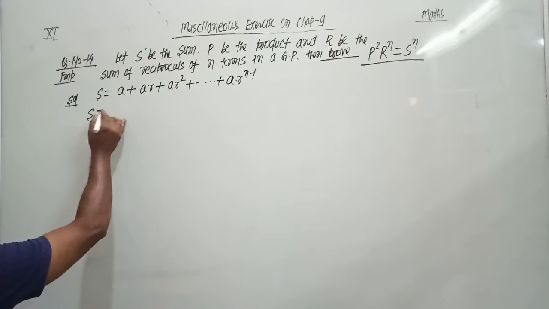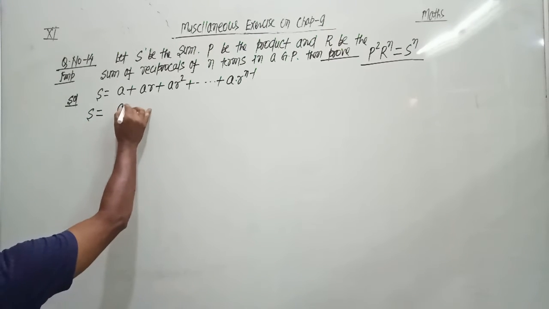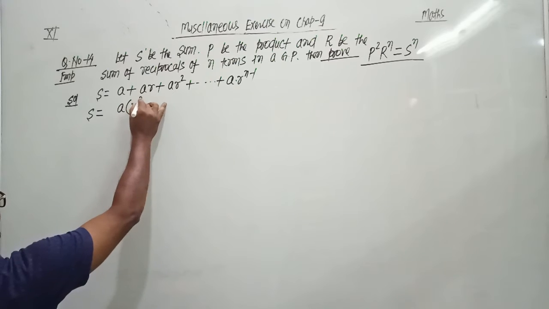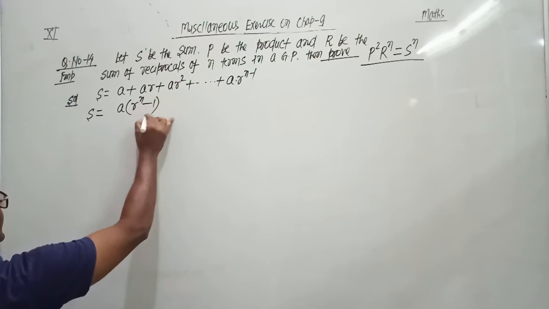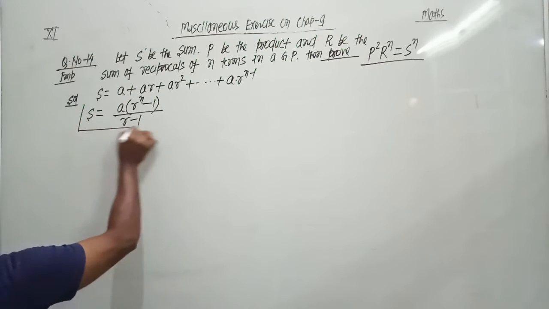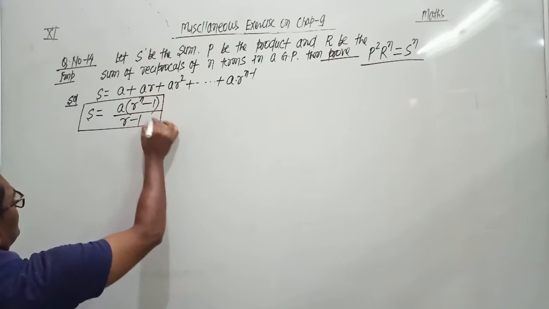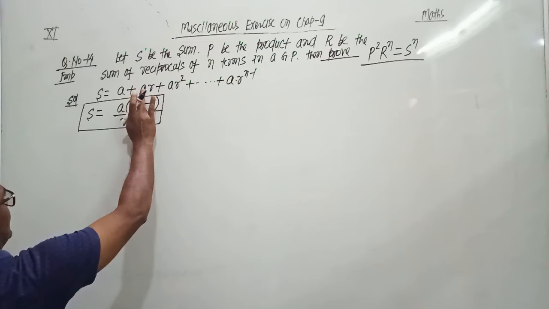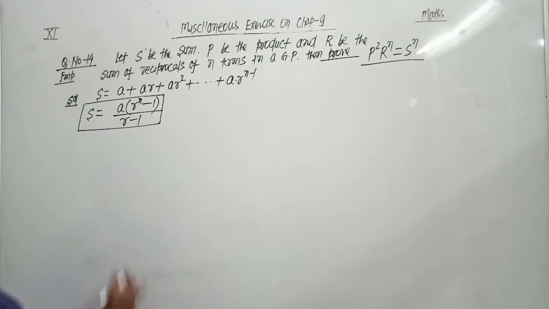The formula for its sum is S equals a(r^n - 1)/(r - 1). So this is the sum to n terms of a GP.